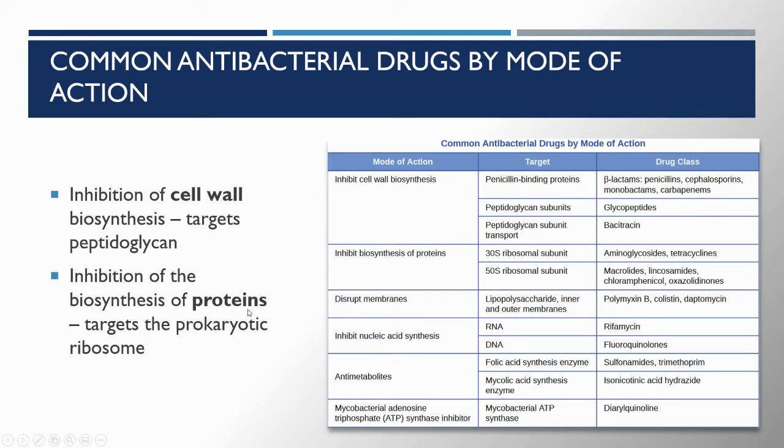Another target is protein biosynthesis. All cells have ribosomes, but the size and shape of the ribosomes are slightly different. Eukaryotes have 80S ribosomes, prokaryotes have 70S ribosomes.